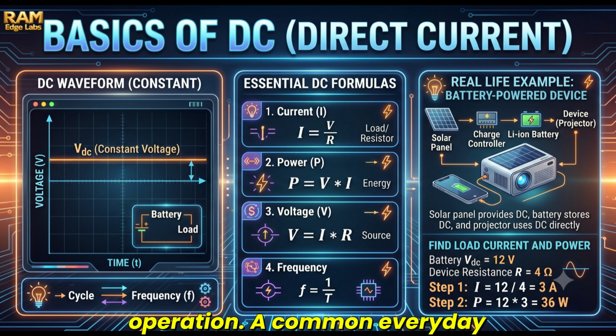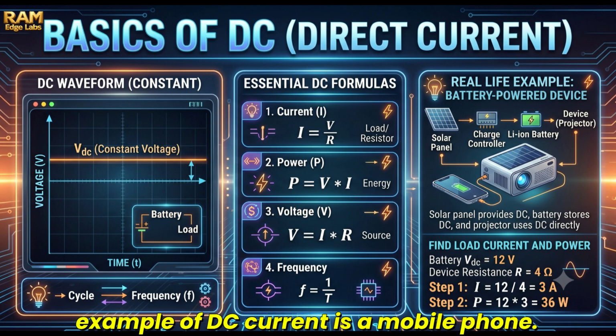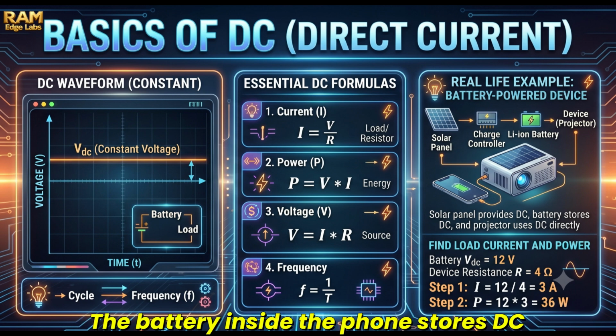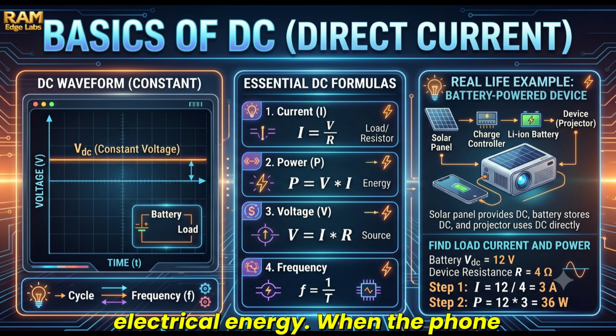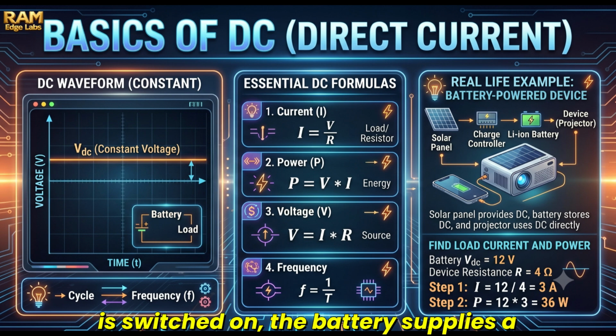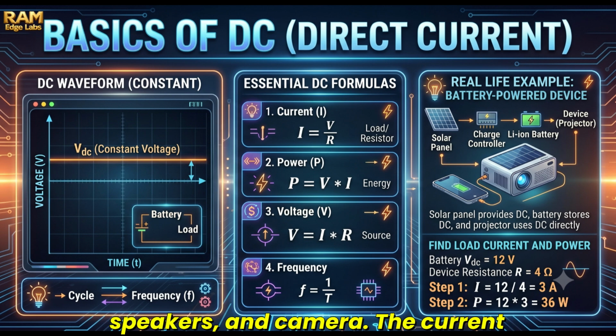A common everyday example of DC current is a mobile phone. The battery inside the phone stores DC electrical energy. When the phone is switched on, the battery supplies a constant voltage to the electronic circuits, display, processor, memory, speakers, and camera.